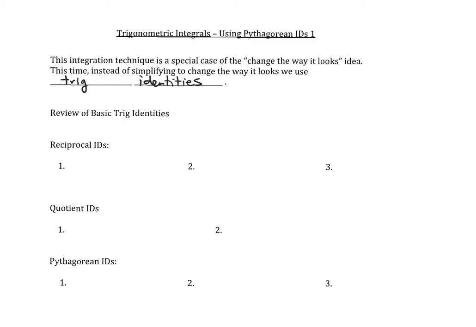Okay, so we really need to review some of the basic trigonometric identities. The first ones we want to look at are the reciprocal identities. Reciprocal just means 1 over, right? So secant of theta is equal to 1 over cosine of theta. Cosecant of theta is equal to 1 over sine of theta.